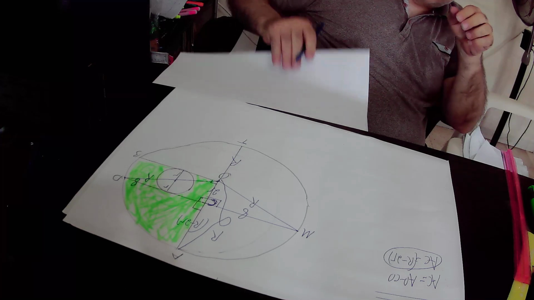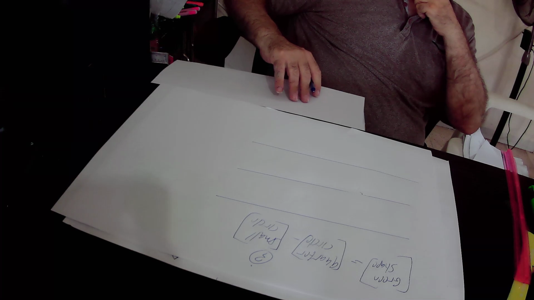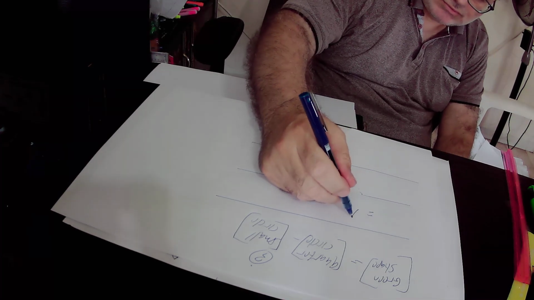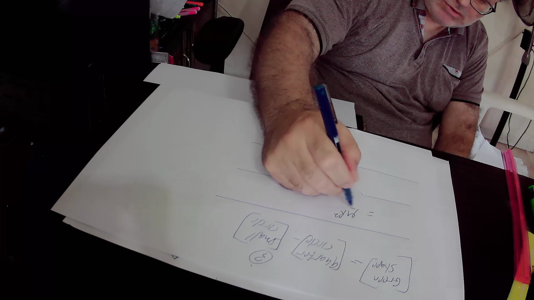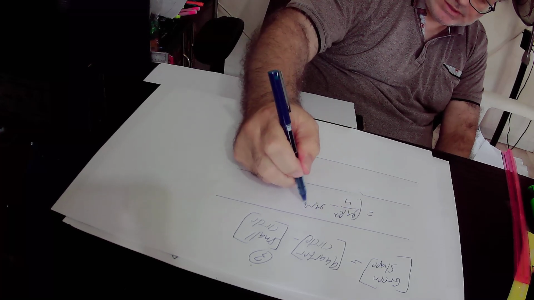I repeat again, the area of the green shape equals the area of the quarter circle minus the area of the small circle. We have already found out that the area of the quarter circle equals pi times capital R squared over 4, minus the area of the small circle, that is pi R squared.